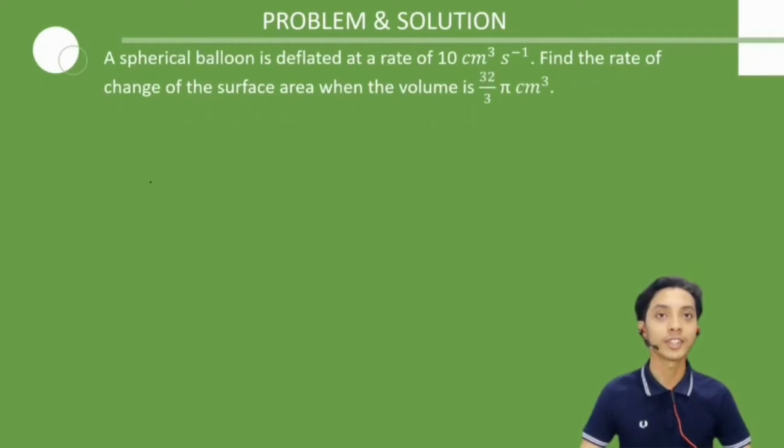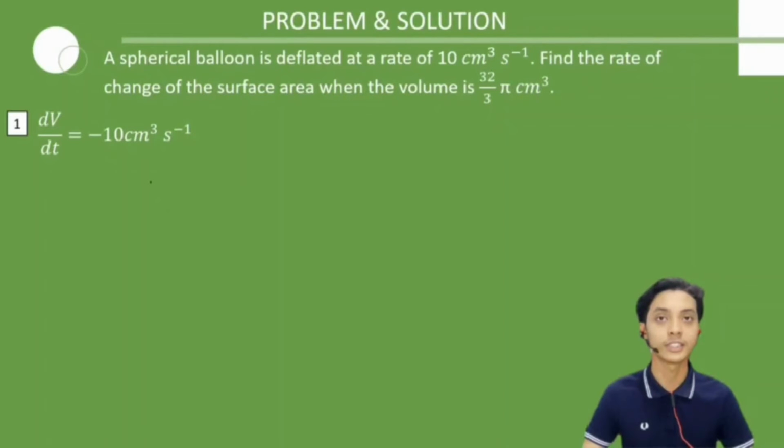Example 1. A spherical balloon is deflated at a rate of 10 cm3 per second. Find the rate of change of the surface area when the volume is 32/3 pi cm3. So the first step is we will list down all of the information given in the question.